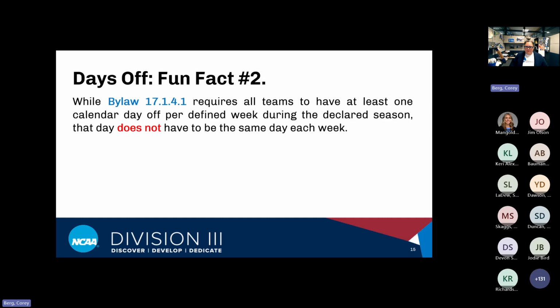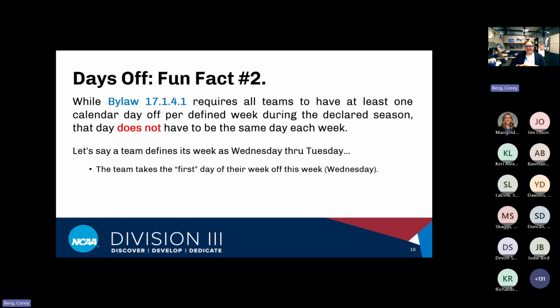So here's an example. Let's say we're working with a team that defines its week as Wednesday through the next Tuesday. That's how they choose to define their season. If that team takes the first day of this week off, they would be taking off Wednesday this week. Great.